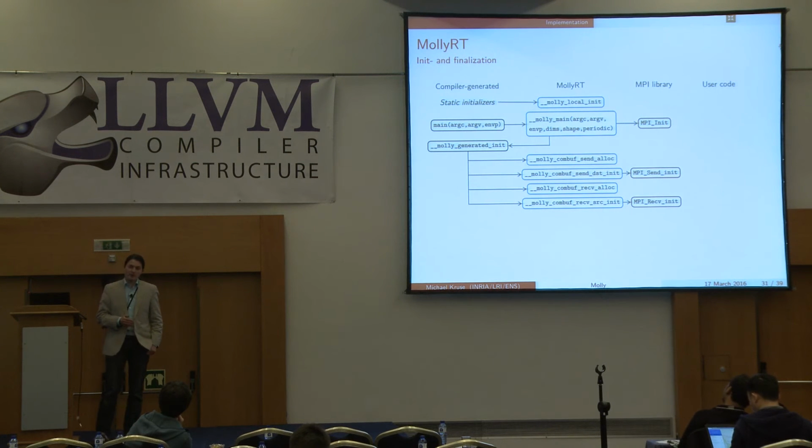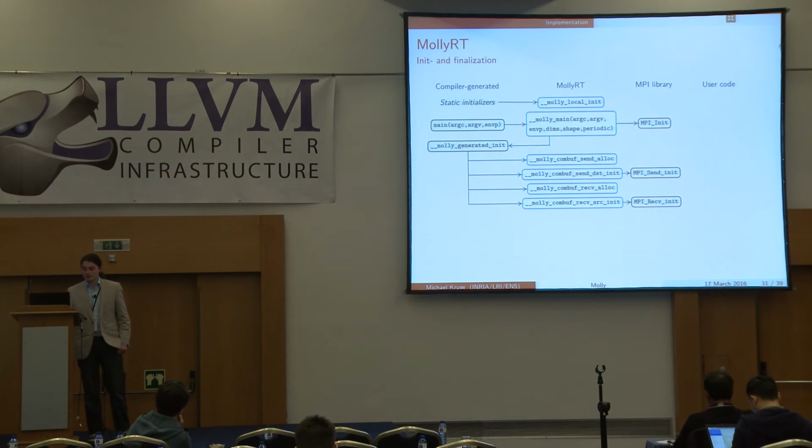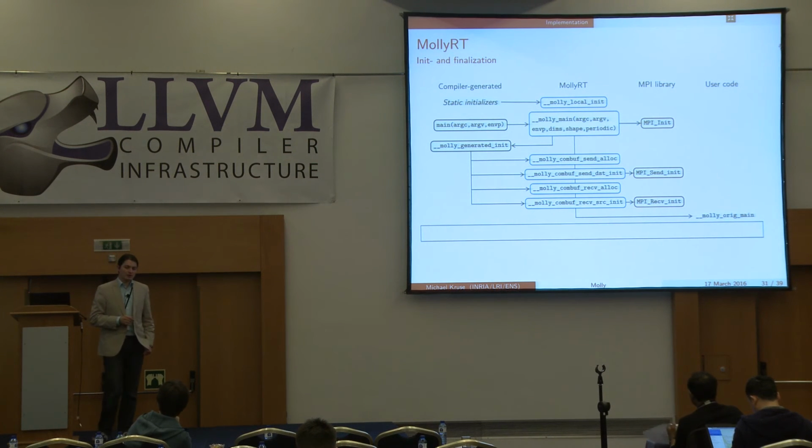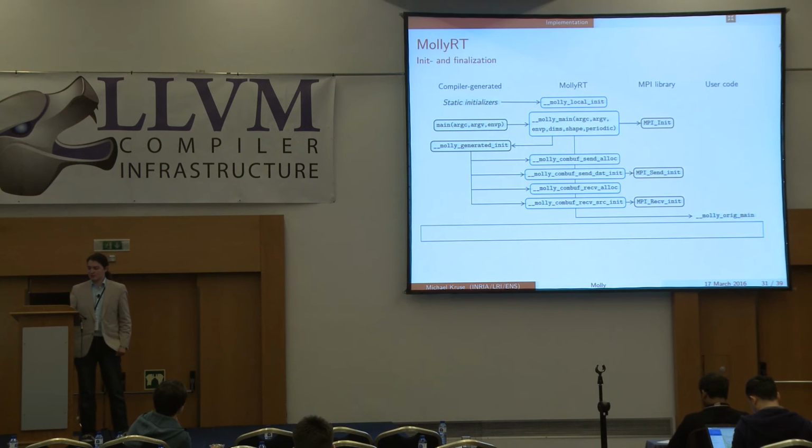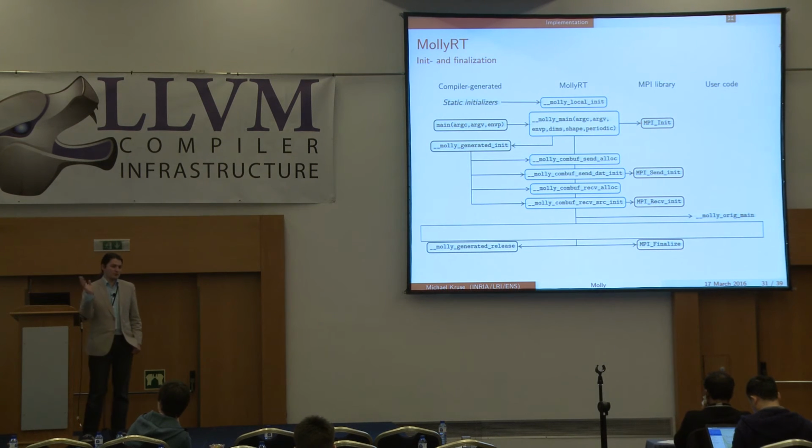It knows statically all the communication buffers and their sizes that I need, and would initialize them, including the MPI persistent communication, MPI_Send_init and MPI_Recv_init. Then the main would be executed, which I'll skip for the moment, because afterwards it would just do the same thing in reverse: release all the communication buffers, call MPI_Finalize, and finally return to libc.